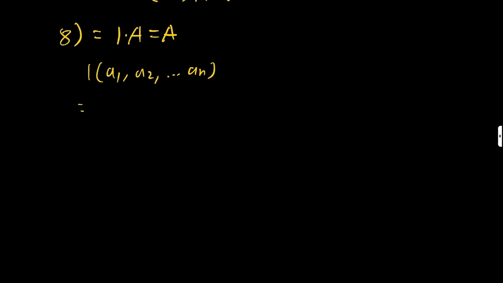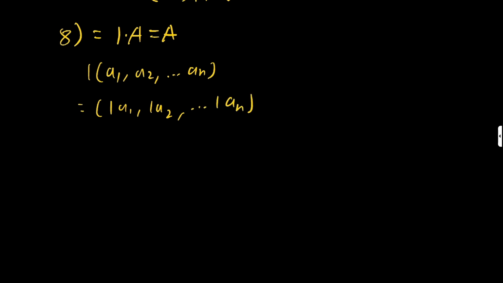All right, one more. This is going to be the easiest one, maybe. It's just that 1 times A is just A, the identity, I guess, proof here. So it's going to be, of course, 1 times (A1, A2, ..., A sub n). This is equal to (1A1, 1A2, ..., 1A sub n).